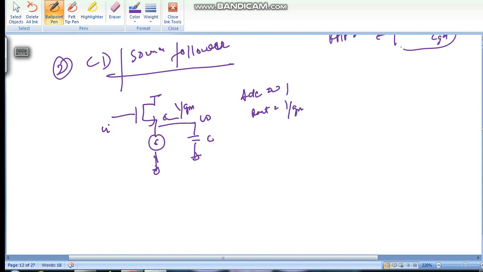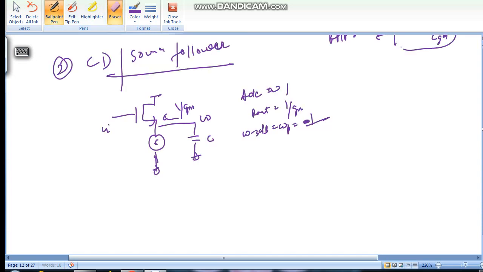Now omega 3 dB or pole frequency equals, when we are considering frequency, the sign will not come here.